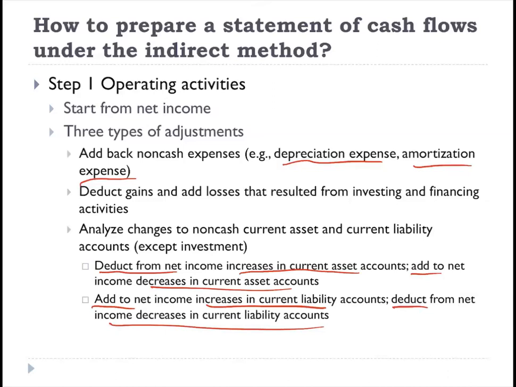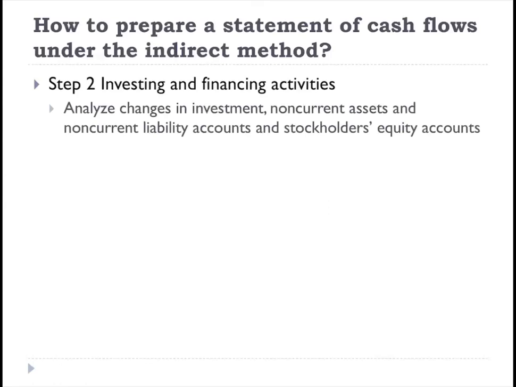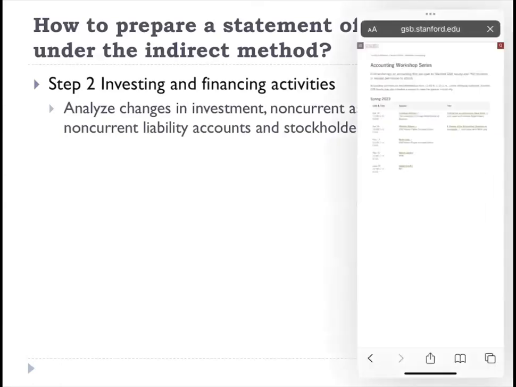So this is how to prepare the cash flow from operating activities. And the second step is to prepare cash flow from investing and financing activities. Basically, we need to analyze the change in investment, non-current assets, non-current liability accounts, and stockholders' equity accounts.